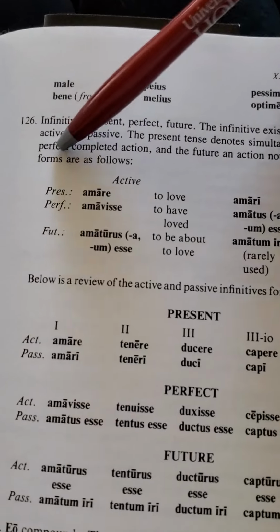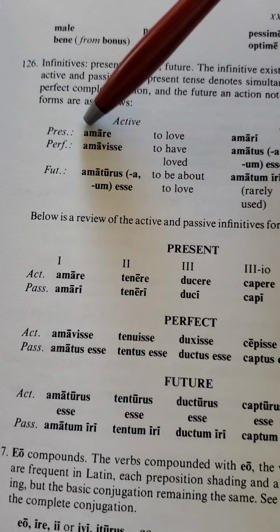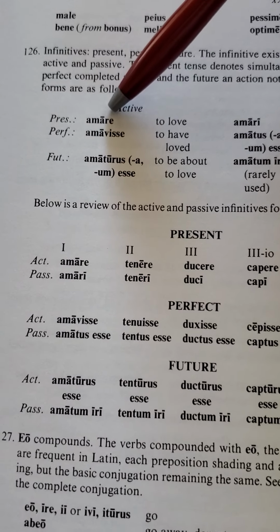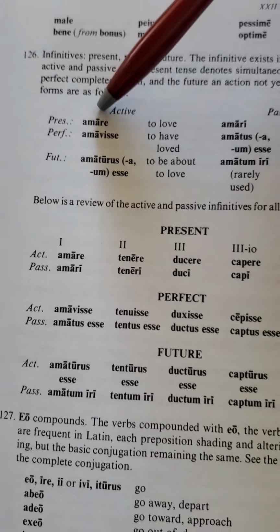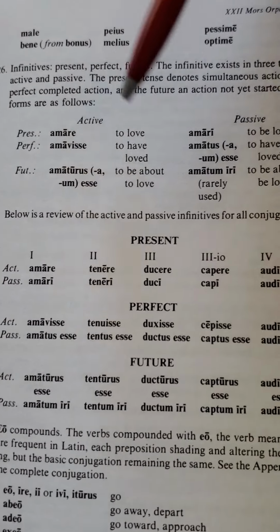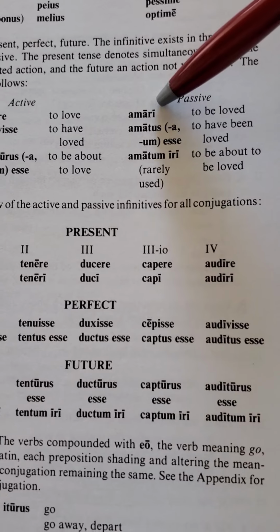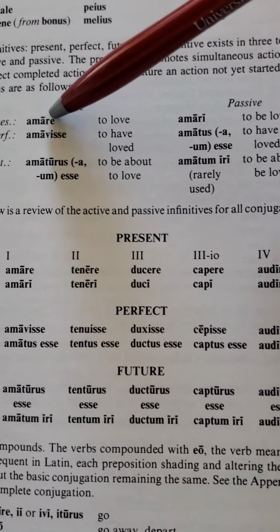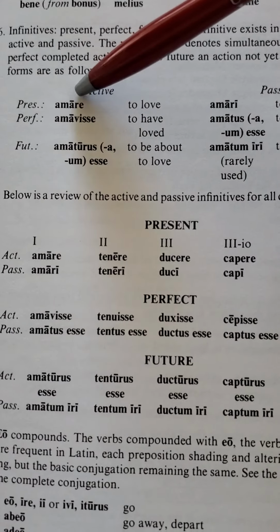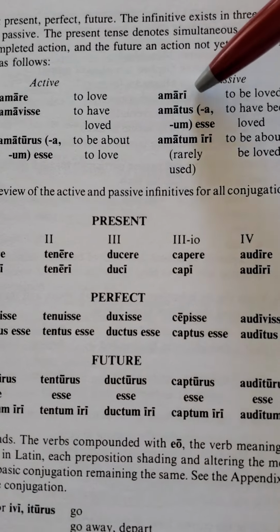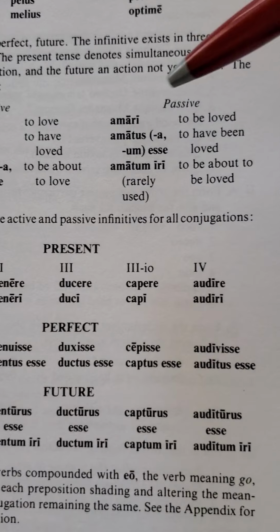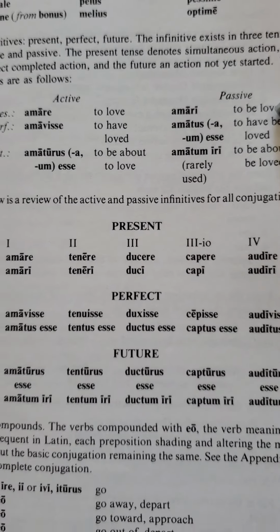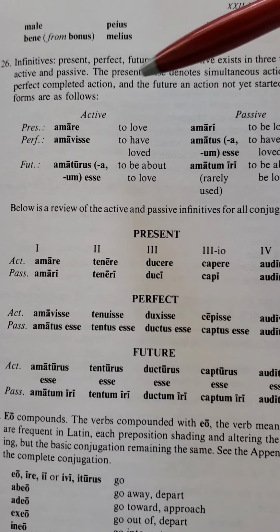So infinitives, up until now, of course, we know the second principal part. So the amo, amare, amavi, amatum. And in one chapter, we learned that there is a passive infinitive, which is just the regular active infinitive. Instead of an E, you have an I. So amare means to love. Amari means to be loved. So those are infinitives.